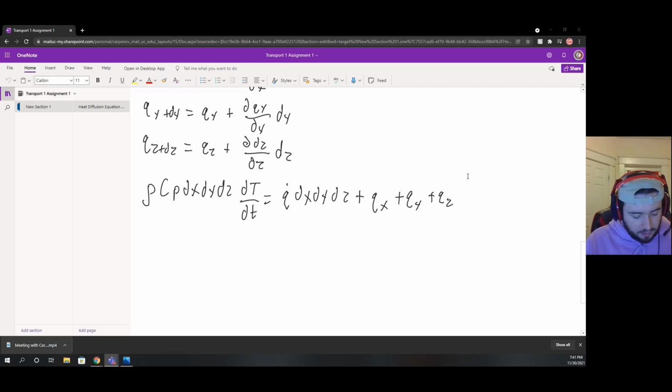And then the energy out was Qx minus the partial differential of Qx over partial differential of x. Sorry, that's a minus there.